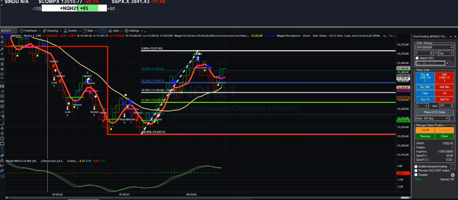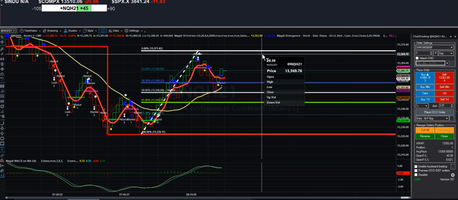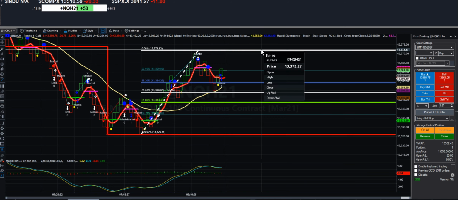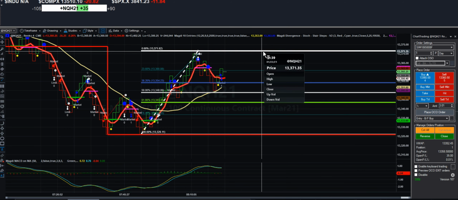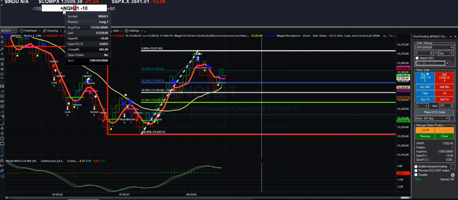Then I'm going to put another order, same price, support resistance close to that. Maybe this is 13,370. Have one up.